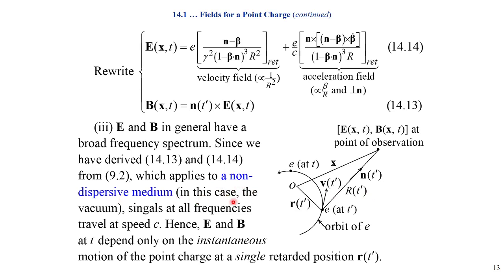In this case, the vacuum, a non-dispersive medium, from here to here, no material inside, it's vacuum. Signals at all frequencies travel at the speed c. E and B depend only on the instantaneous motion of the particle charge, of the point charge at a single retarded position.